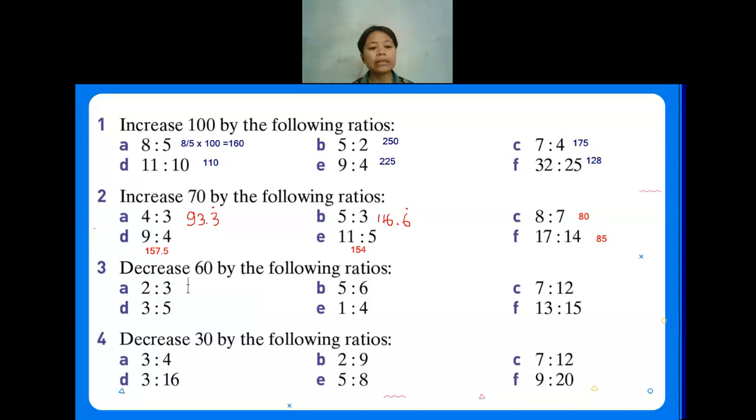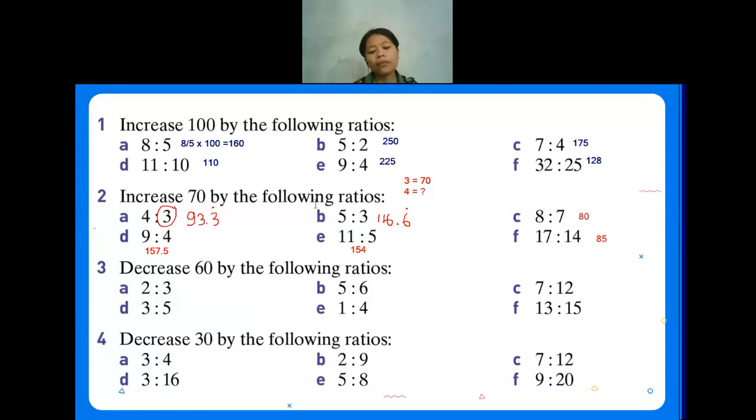Okay, increasing, so it means the original one will be the value at the back in here. So it means the 3 is equal to 70. You need to find 4 is equal to how many. If you like the unitary method, it will be like this.